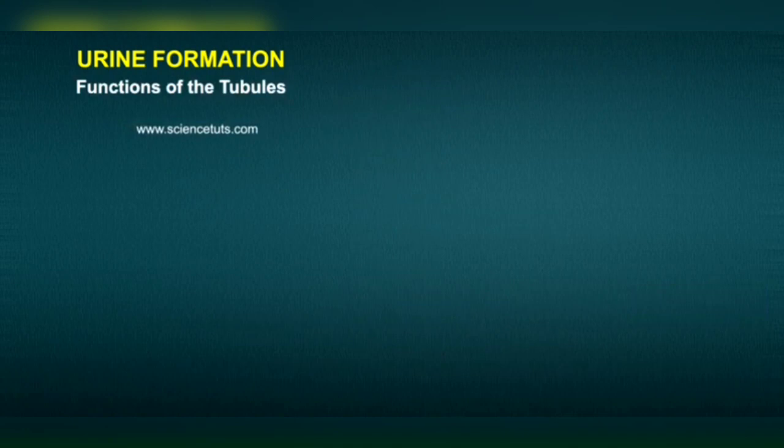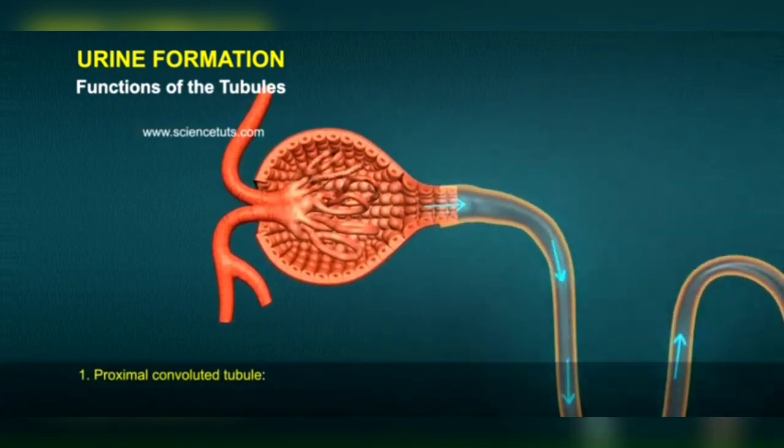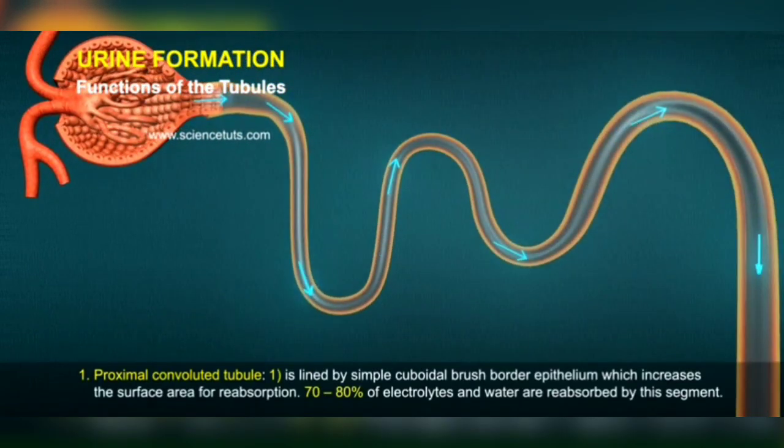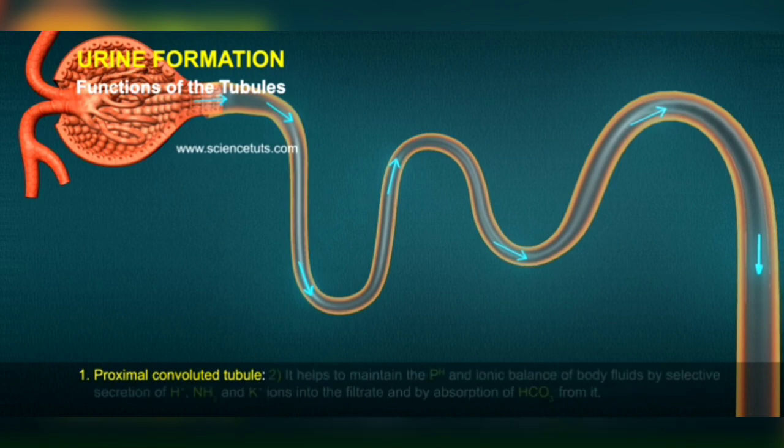Functions of the tubules. 1. Proximal convoluted tubule. It is lined by simple cuboidal brush border epithelium which increases the surface area for reabsorption. 70 to 80% of electrolytes and water are reabsorbed by this segment.